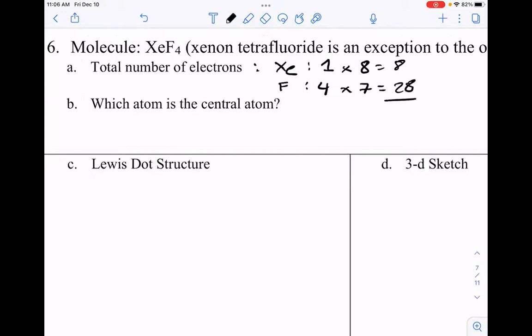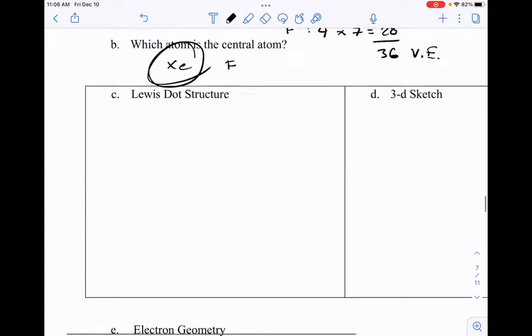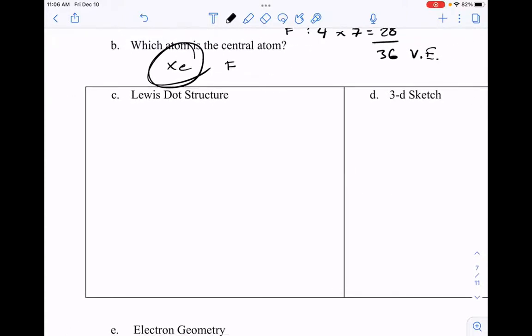So in total we have 36 valence electrons to place. Between xenon and fluorine, which is the central atom? Xenon. Good. For what reason? Least electronegative.